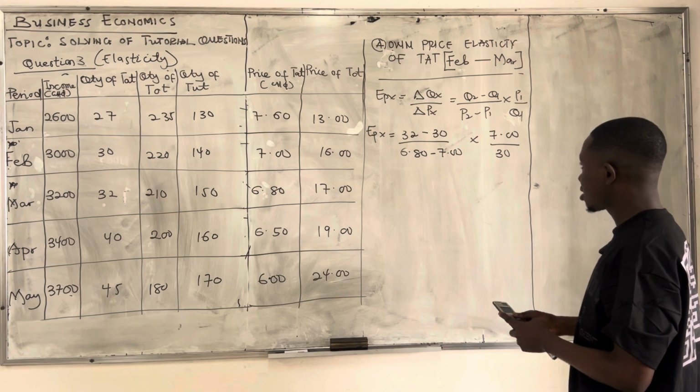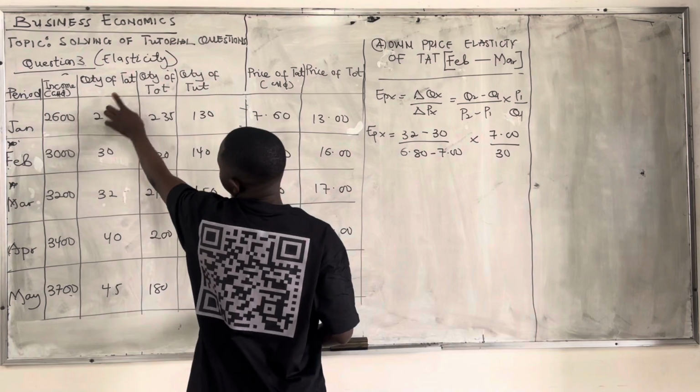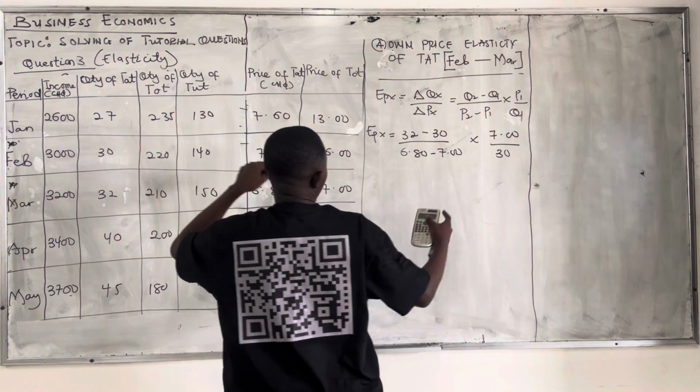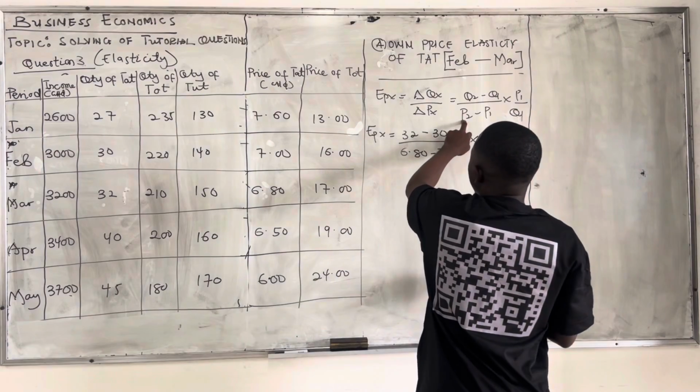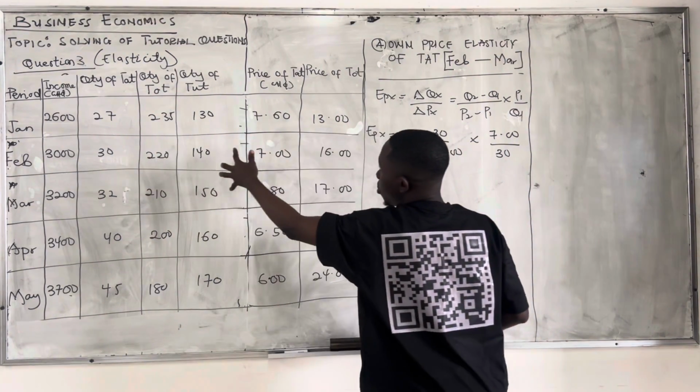So 32 minus 30, that's February and March. Then the price of that same TAT for February and March: you match it to the price side.